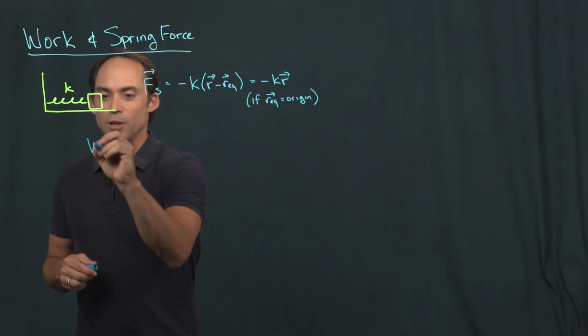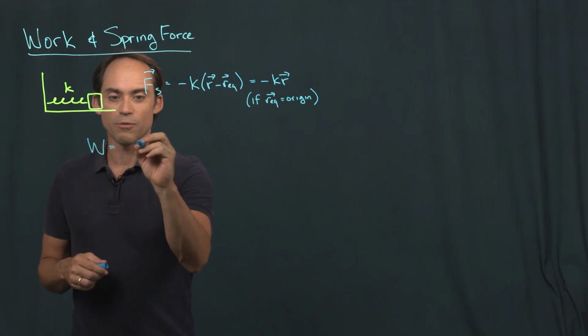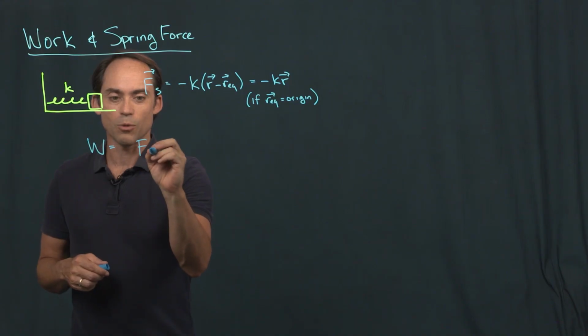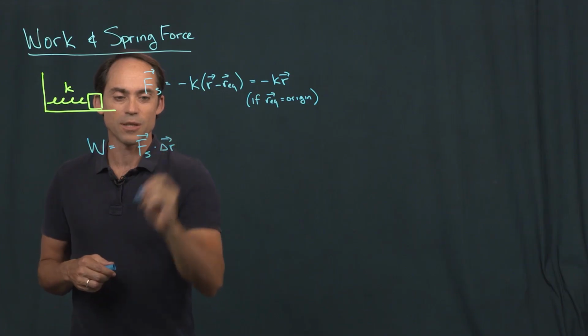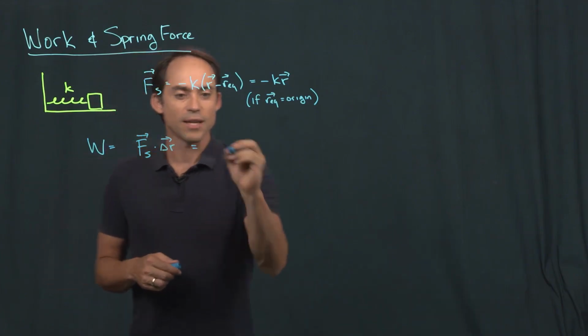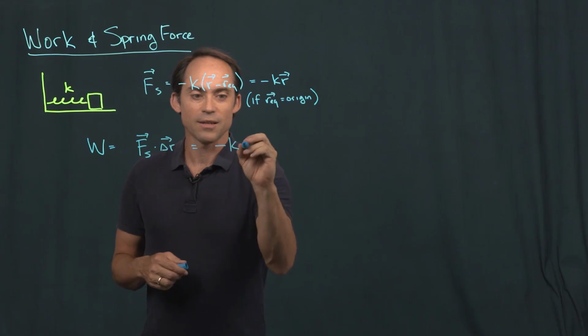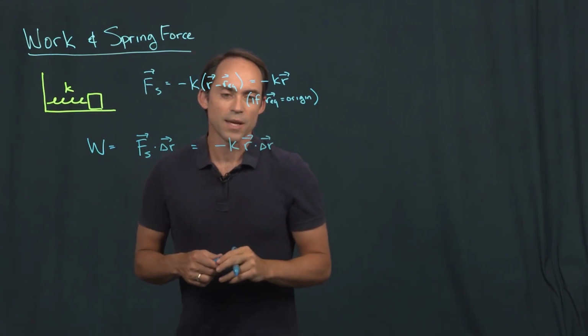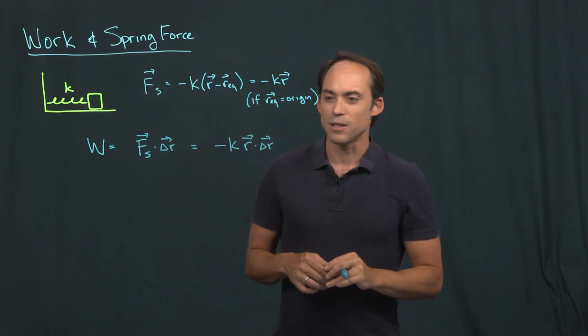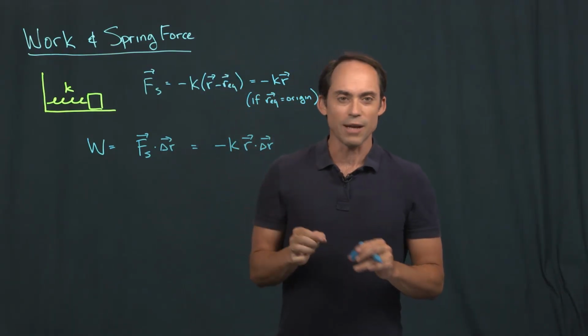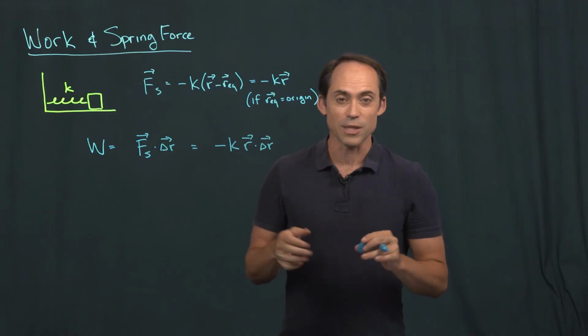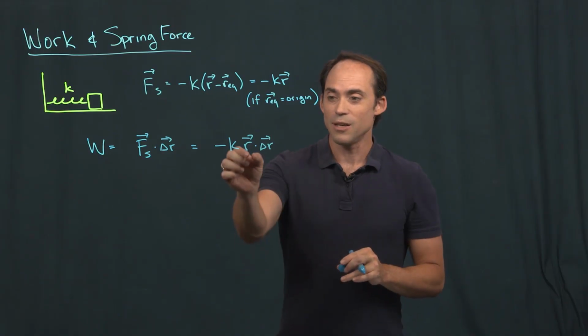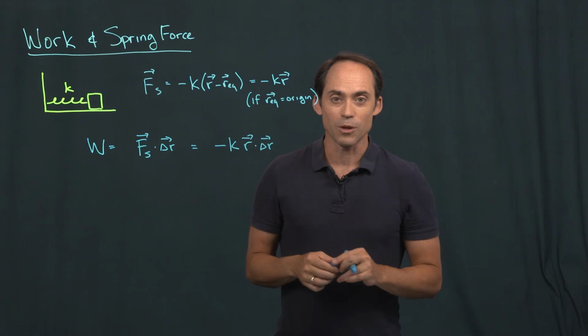Well, we normally write our work term as the force, in this case the spring force, dot our displacement. But if I write that out, that's equal to minus k times our position vector dot displacement. And we immediately see a problem here because as I'm displacing this spring, or displacing an object attached to the spring, the force itself is changing with position.